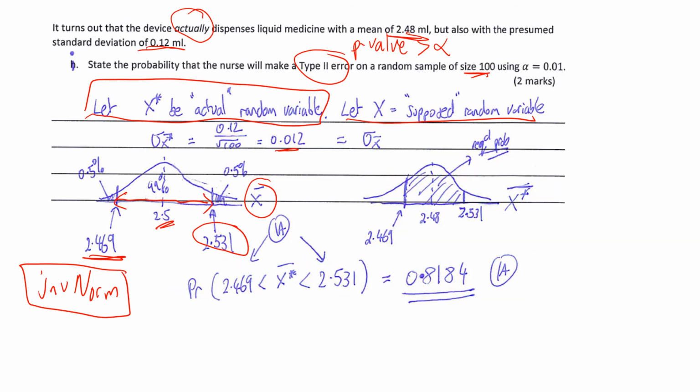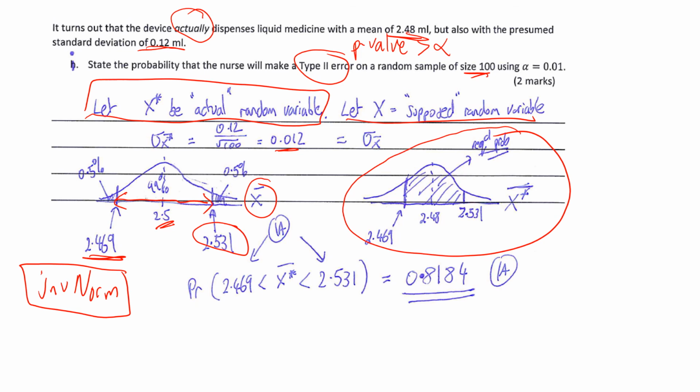Okay, so what percentage of area under the actual distribution does that, between those two values, represent? So this is where we go to x star bar, the sampling distribution for the actual liquid dispensed from this device, and what we're doing is just using our norm CDF now.